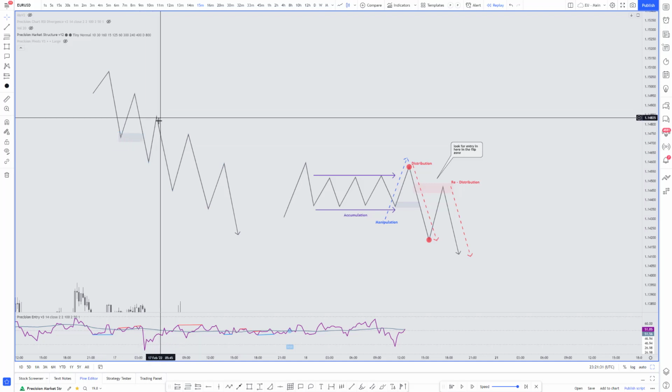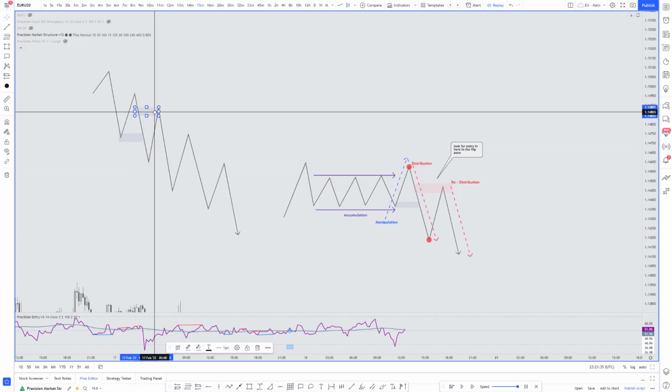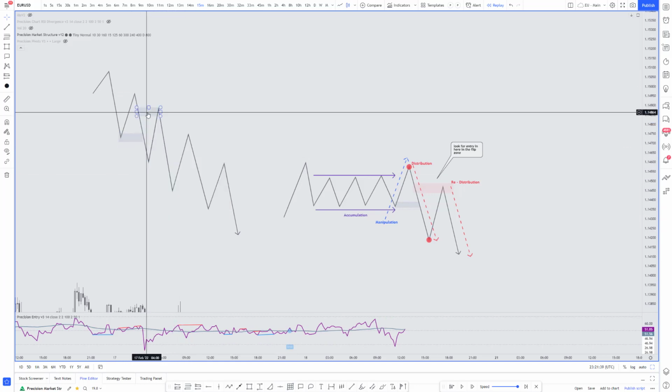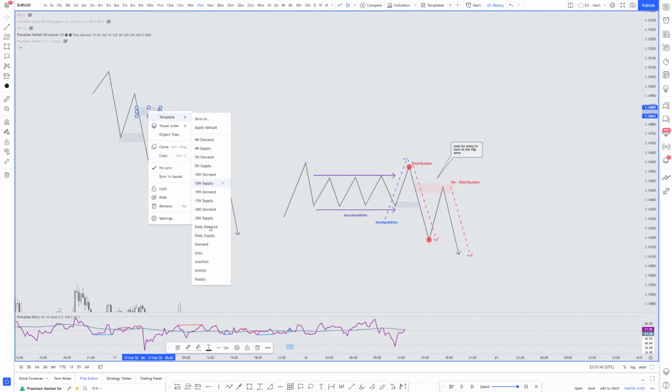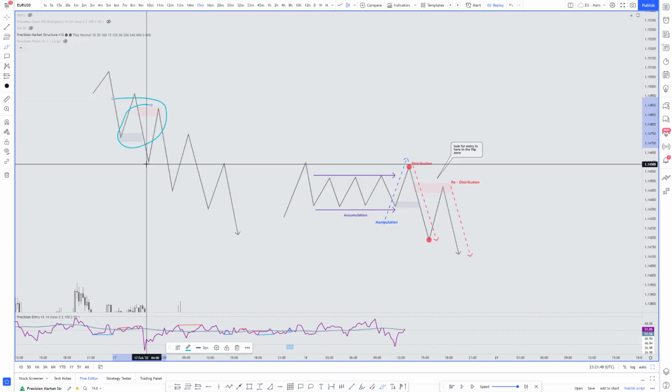Alright, so we have a demand level here. Now, we're looking for what caused that demand to fail. So we're looking for the supply zone. And this is ultimately the supply that flipped the demand.